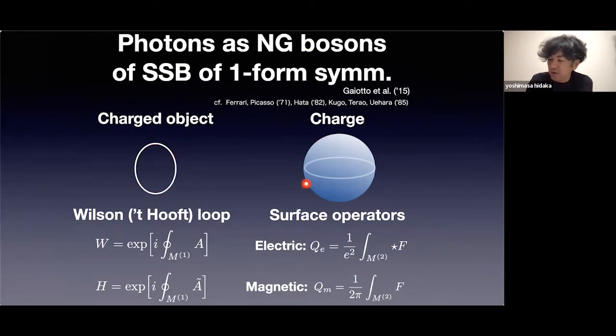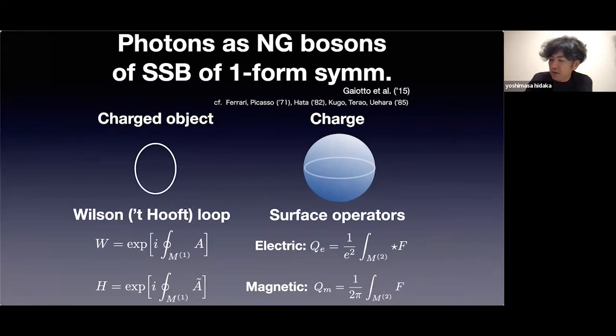The symmetry generator corresponds to a two-dimensional object in 3+1 dimensions in our world. This object is nothing but the world line of the charged particle. On the other hand, this operator corresponds to the electric flux and the magnetic flux.